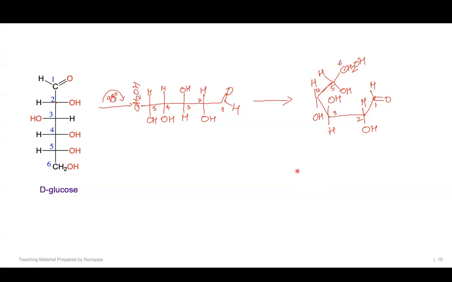Now, what we saw is that there is a ring structure with an oxygen bridge. We will discuss what it is, but I'm simplifying. Now we rotate this particular carbon in such a way that this hydroxyl group comes very close to this carbonyl carbon, which is an aldehyde.